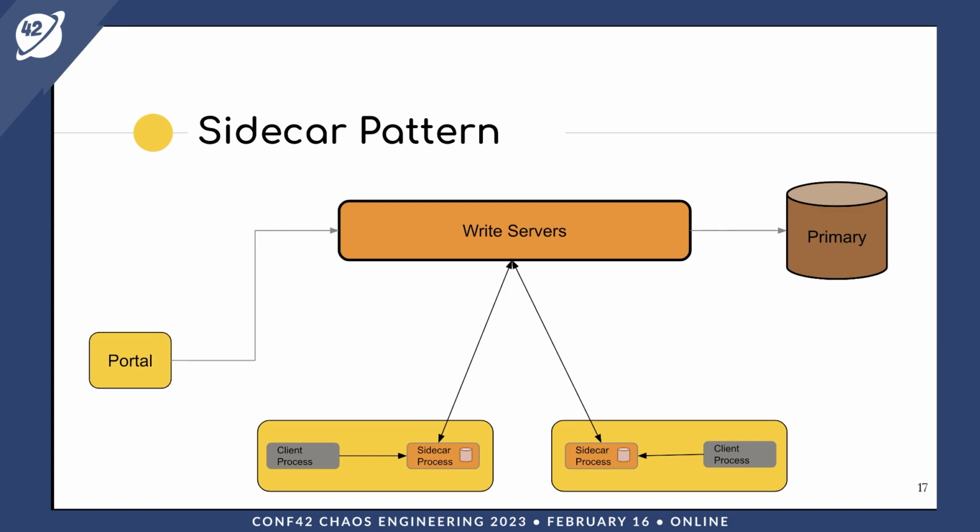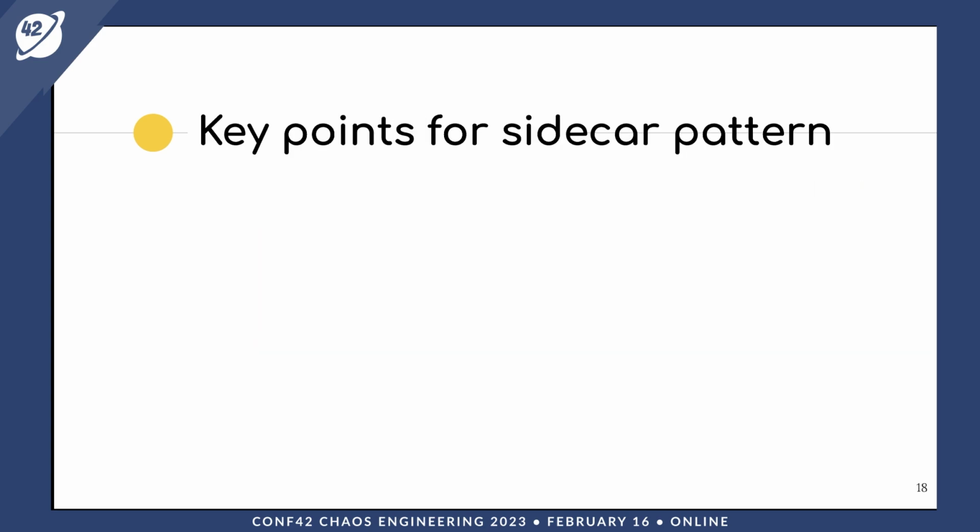We are syncing the data via API, right? The connections are maintained by the write server with the database. And also the response time of one client is not getting affected by others, right? Let's see the key points for the sidecar pattern.